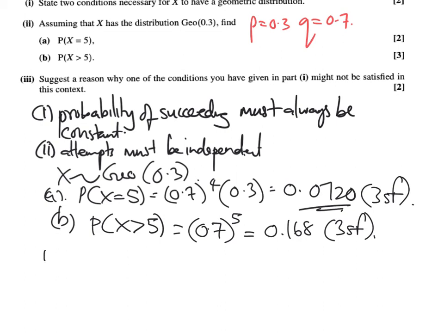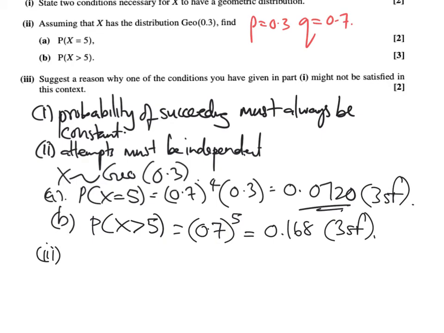Next, part 3. Suggest a reason why one of the conditions you have given in part 1 might not be satisfied in this context. Okay, the 2 things that I've given: probability must always be constant and attempts must be independent. This is threading.